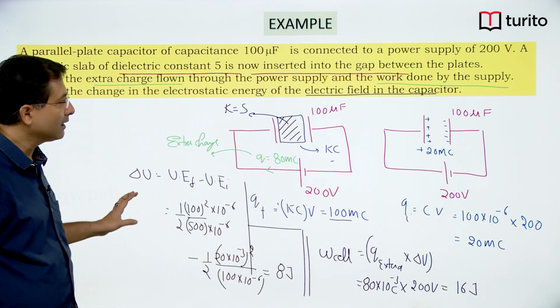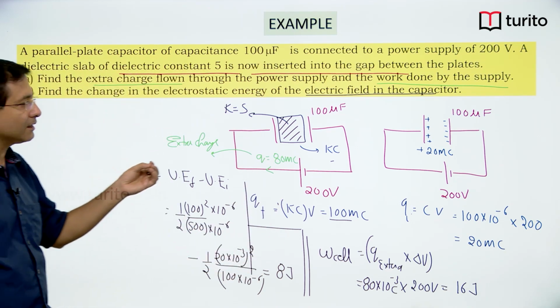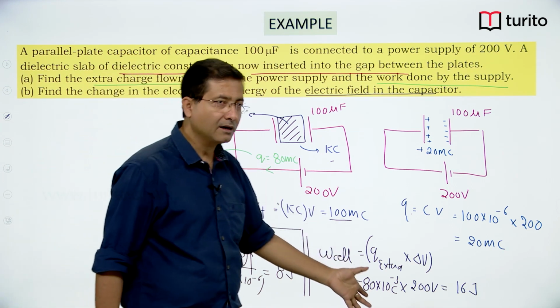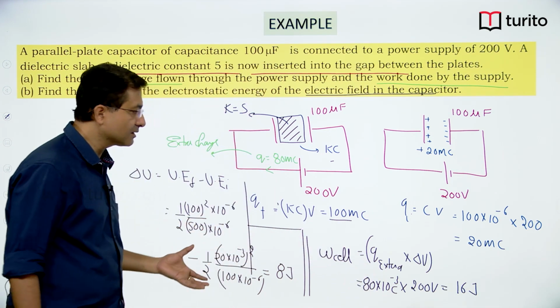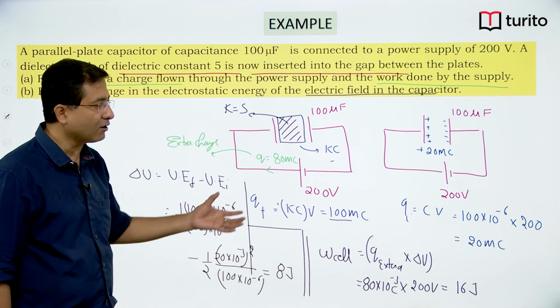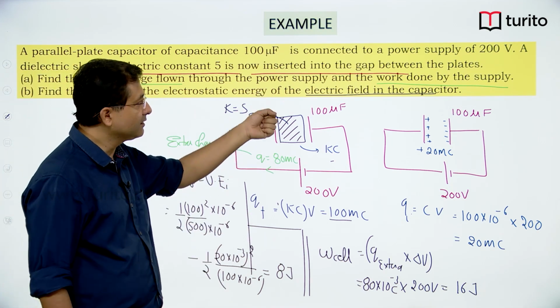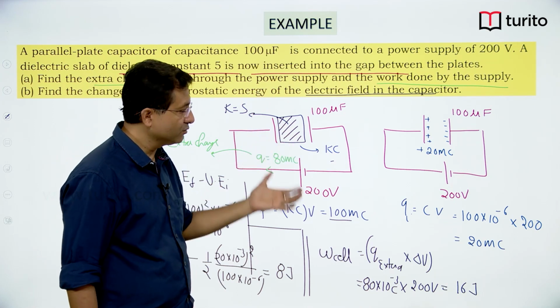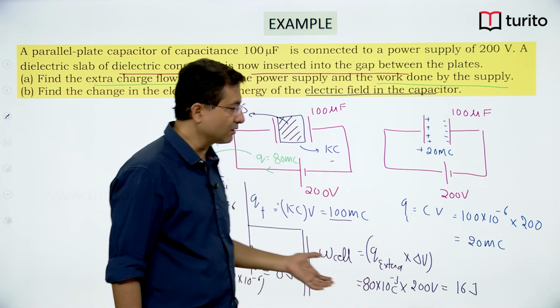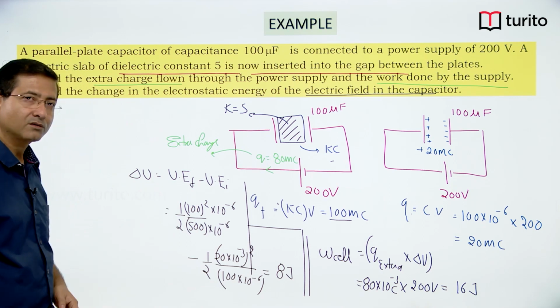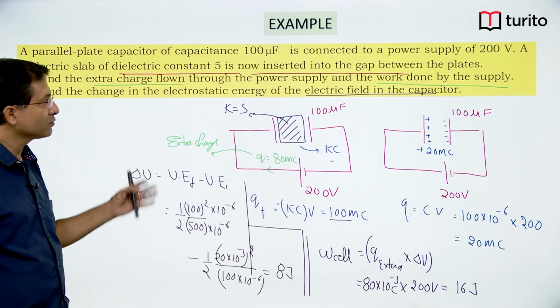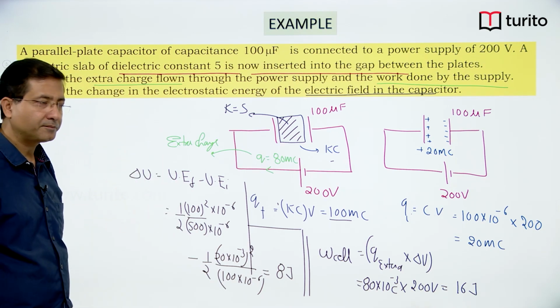And in that process, how much is the work done by the cell, how much is the change in internal energy, how much is the heat? For example, in this situation if I ask how much heat is generated, you know the formula for heat generated, you can apply it and find that out also.